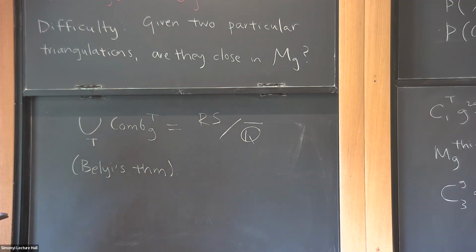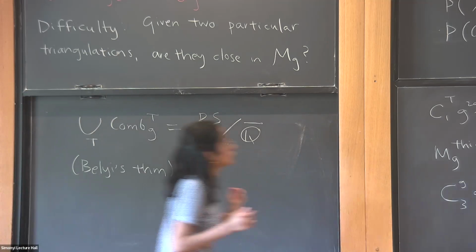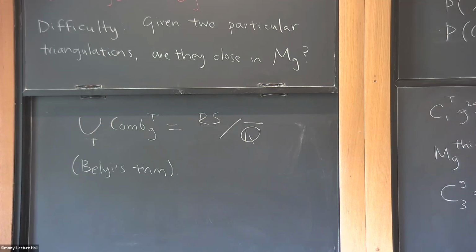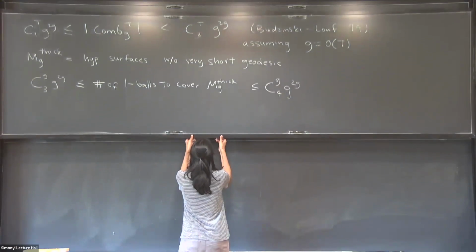So the idea is to try to encode triangulations using holomorphic one-forms.